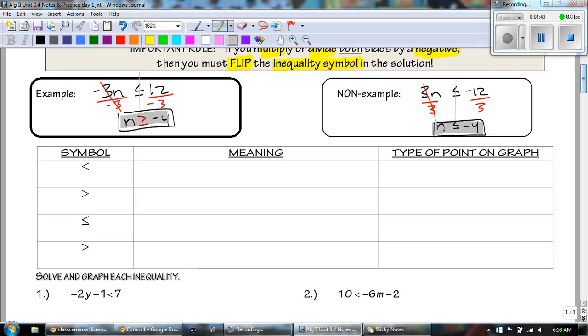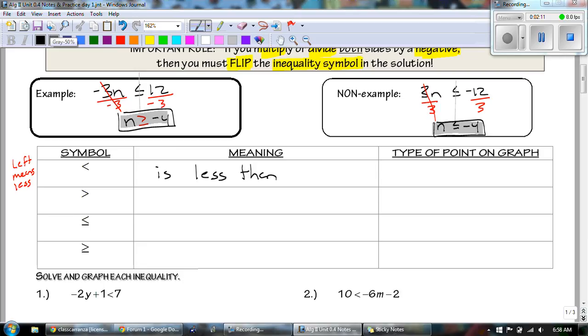So let's go ahead and talk about all of the symbols. Now, hopefully this is a reminder for you guys. So the first one, that symbol is less than, okay? Remember, if you can make it in your hand, the symbol in your left hand means less, okay?